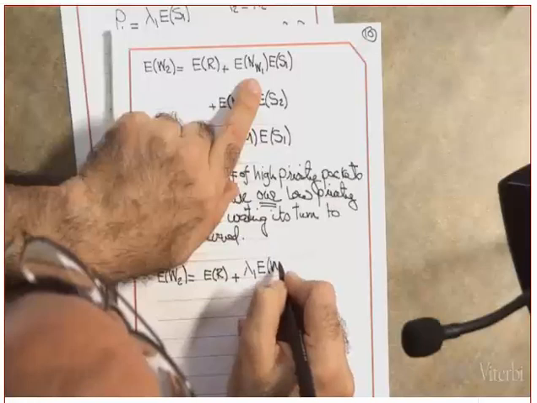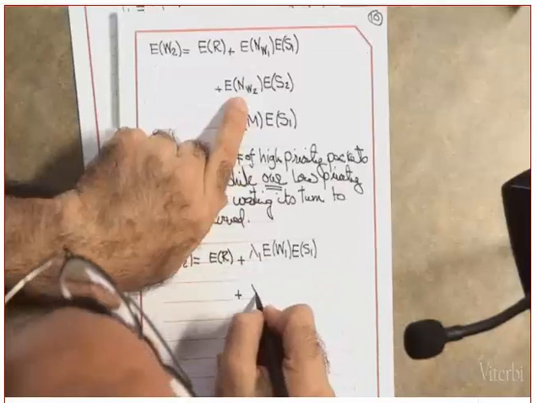So E of R is equal to lambda over 2 times E of S1 square times lambda 1 over lambda, plus lambda 2 over lambda times E of S2 square. Agree? Which is E of R equal to one half, sum of lambda i E of S i square.